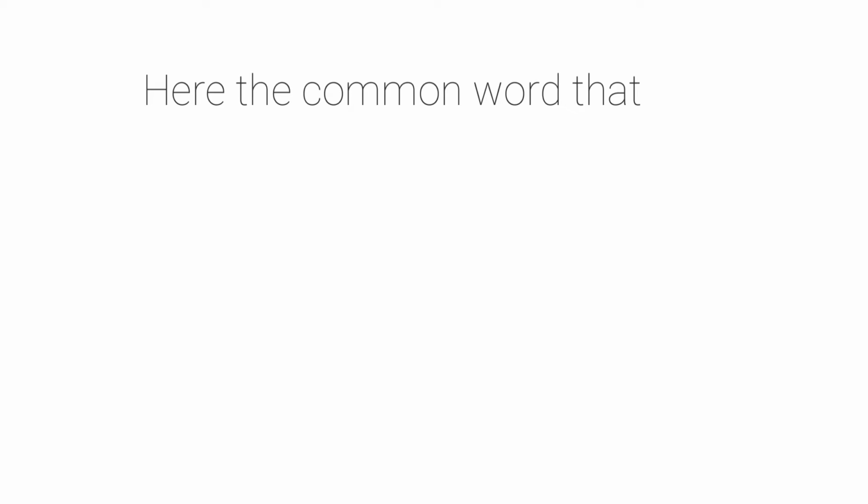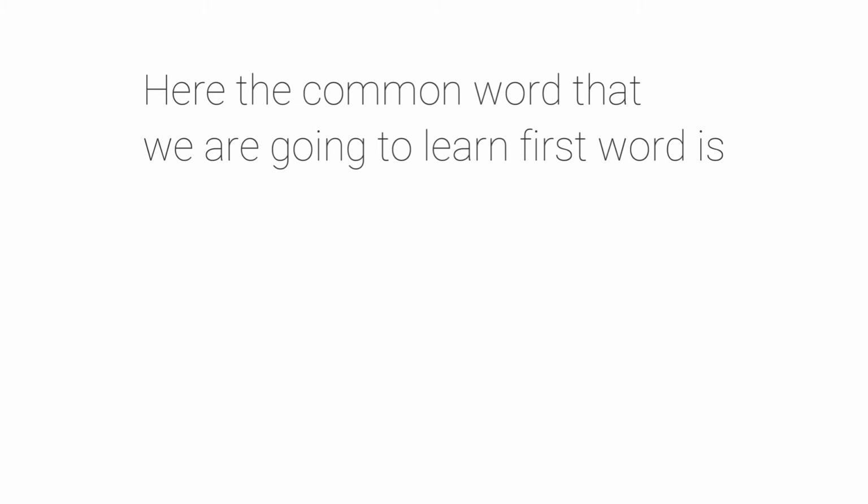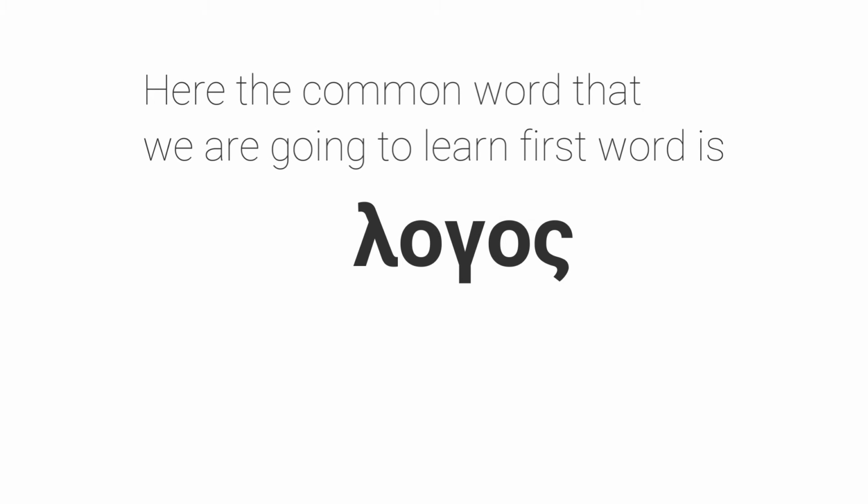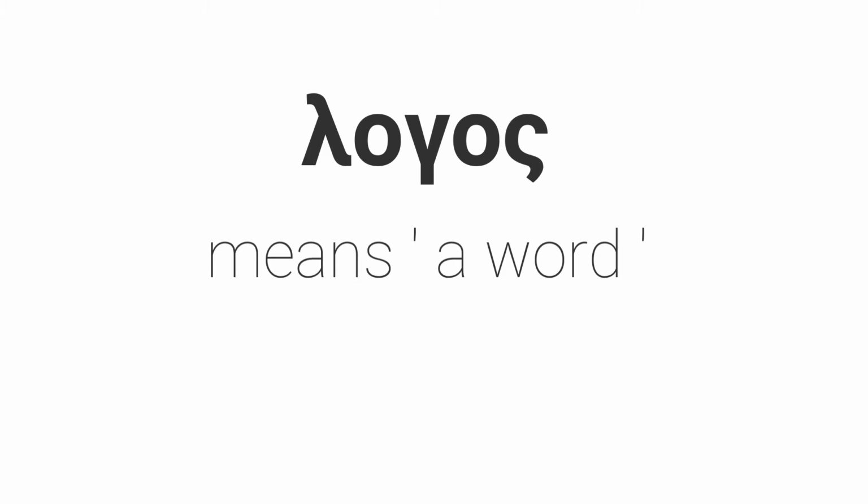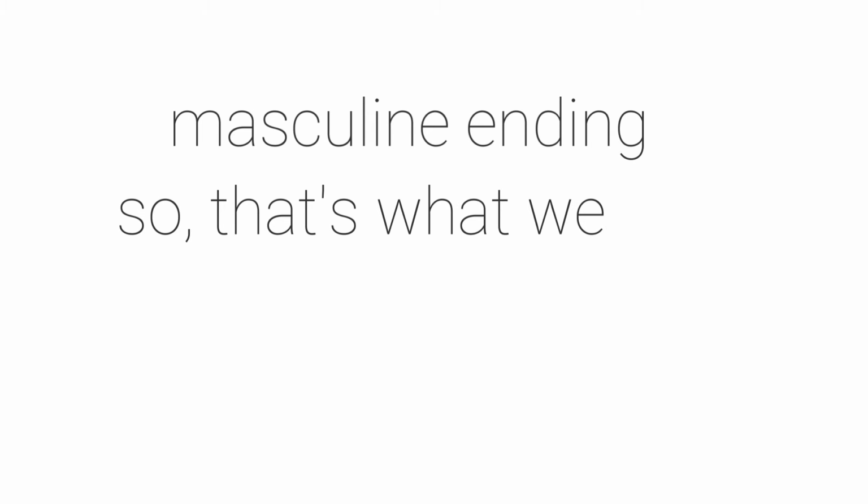Here the common word that we are going to learn, the first word, is logos. Logos means a word. Here the stem is log, os is the ending, log-os, masculine ending. So that's what you have to remember, logos.